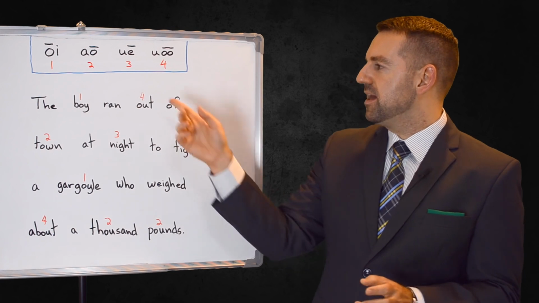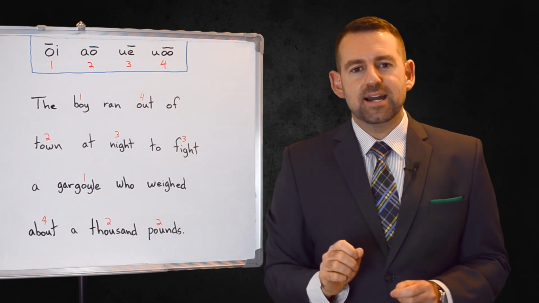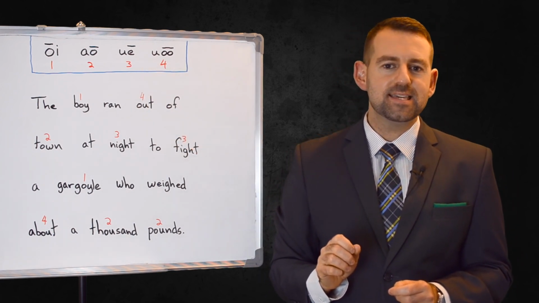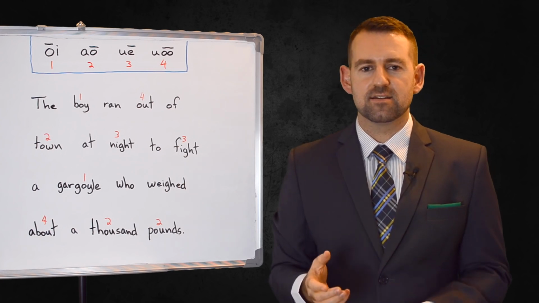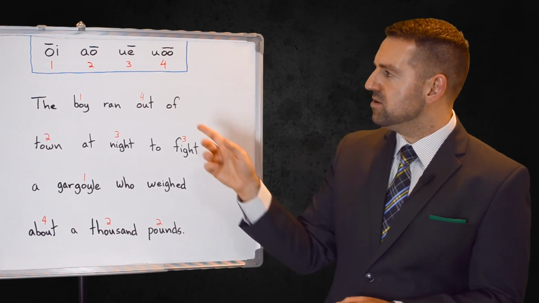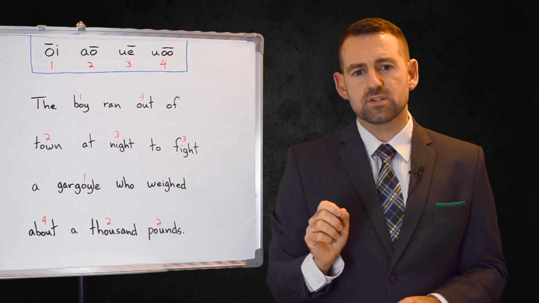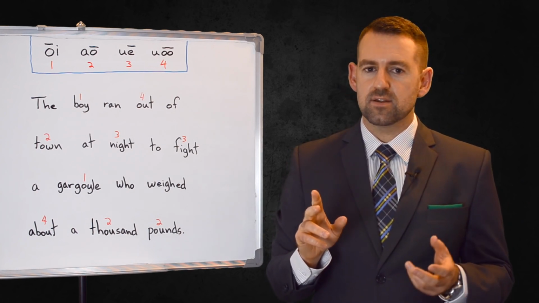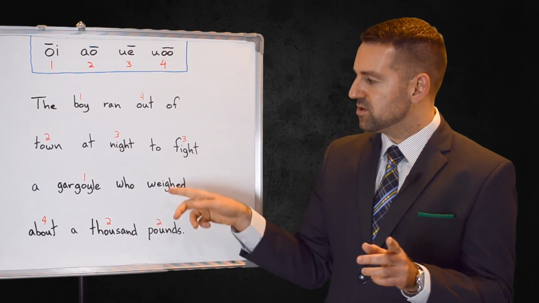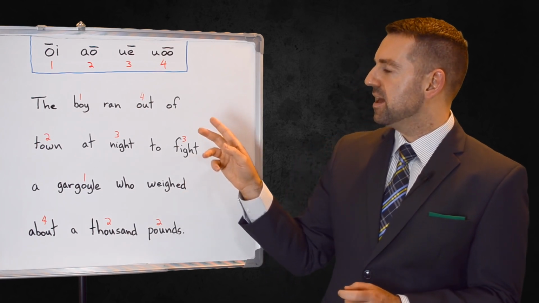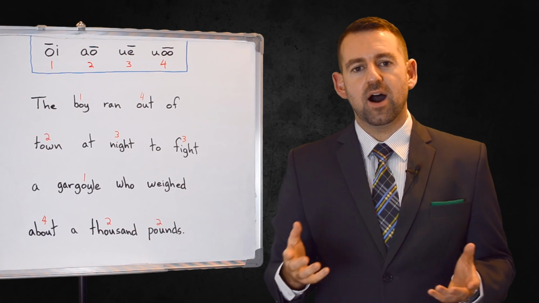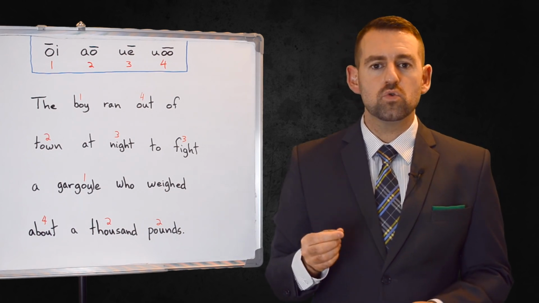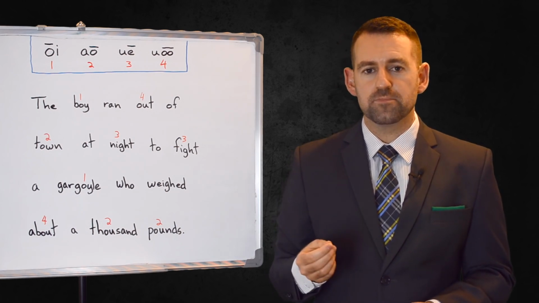And the third one is "eye". Now this sound replaces the long I sound in many words. Right? And I'll show you which ones here. And the fourth sound is "oh-ow".